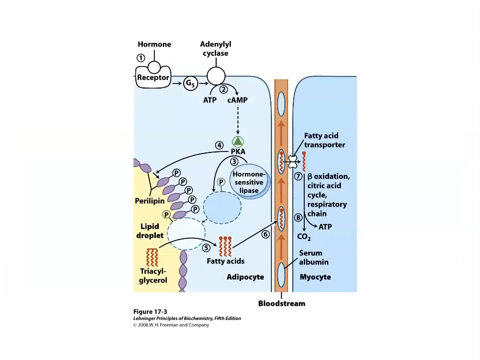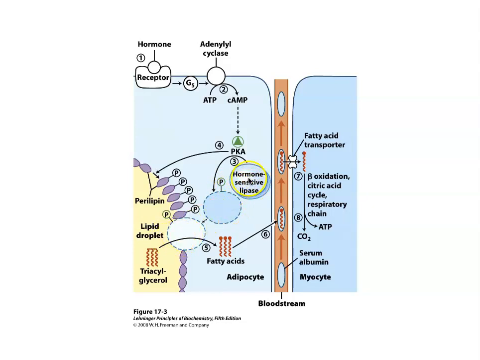How do the fatty acids get mobilized from the adipocytes? You've seen this schematic before. When glucagon binds to its receptor, through a cyclic AMP-dependent kinase, a hormone-sensitive lipase is activated and gets recruited to the lipid droplet.